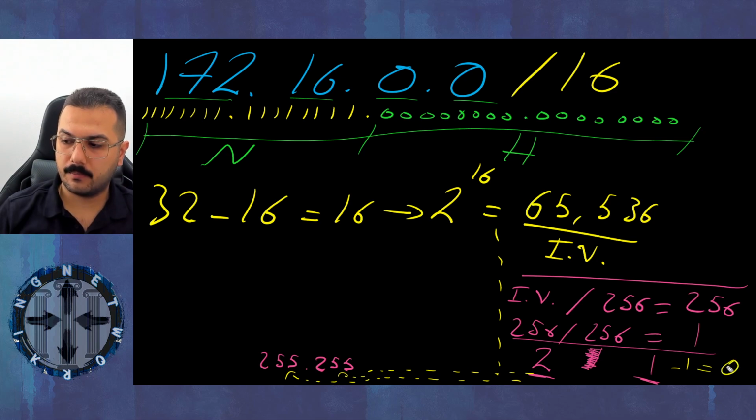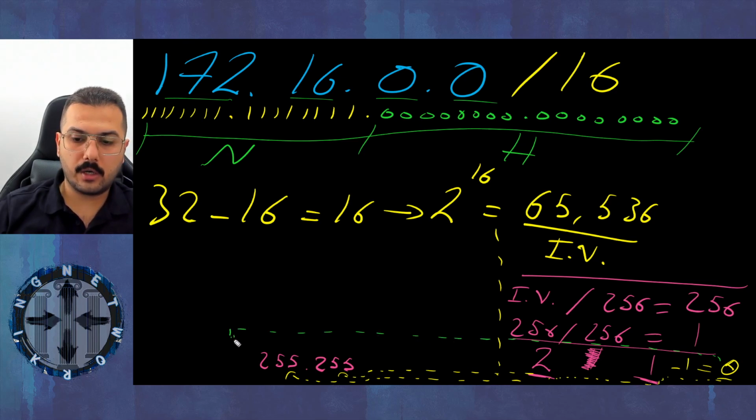What is left? 0. 0 is the addition that you should add to the octet that we have just reached, which makes sense. 0. Why? Because it's 16 and its octet is fixed.